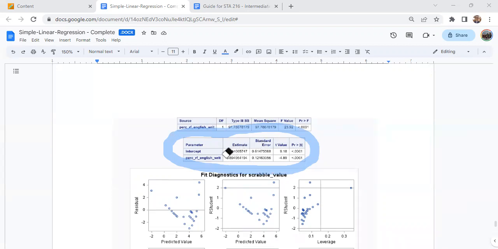So it's minus 0.59. We'll just give it to 2 decimal places.